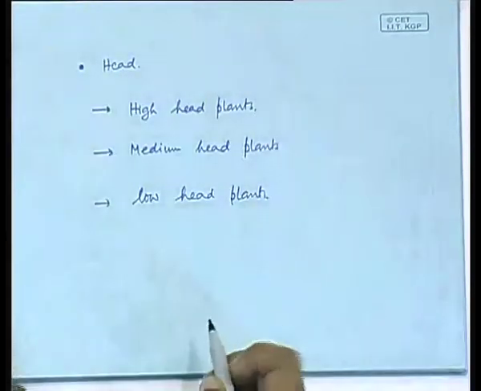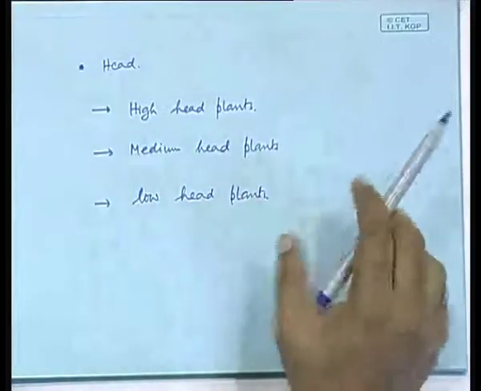Why is this classification needed? Because in the high head plants, normally you will have them in the upper reaches of the Himalayas or the hill terrains. You have a large head available, and in such cases it becomes advantageous to first convert that into the water's kinetic energy and utilize that kinetic energy.